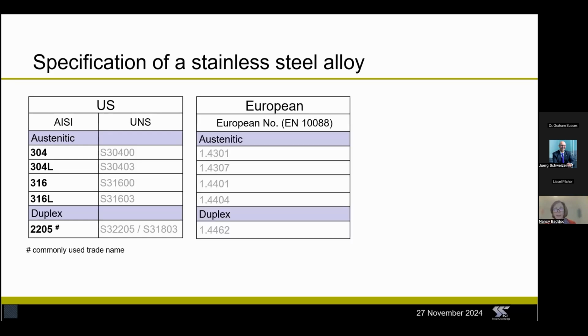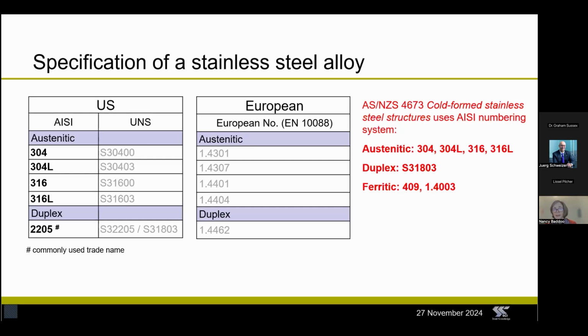In Europe, we have a different system, and this comprises a 1 dot and then a 4 and then 3 other digits. And there is also another system that can be used in Europe, but this tends to be the most common system.